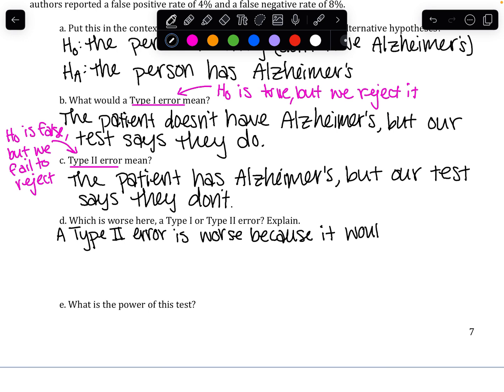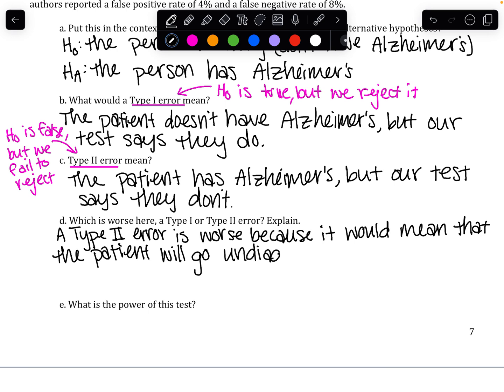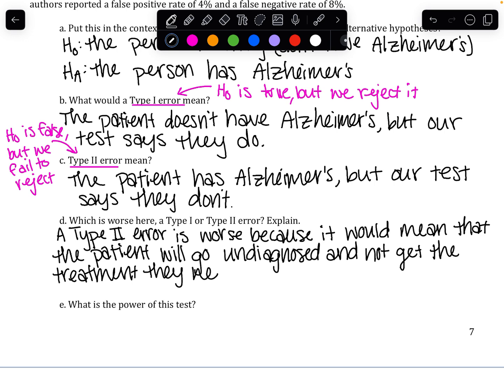Because it would mean that the patient will go undiagnosed and not get the treatment that they need. And then I'm going to talk about how a type 1 error isn't that bad.